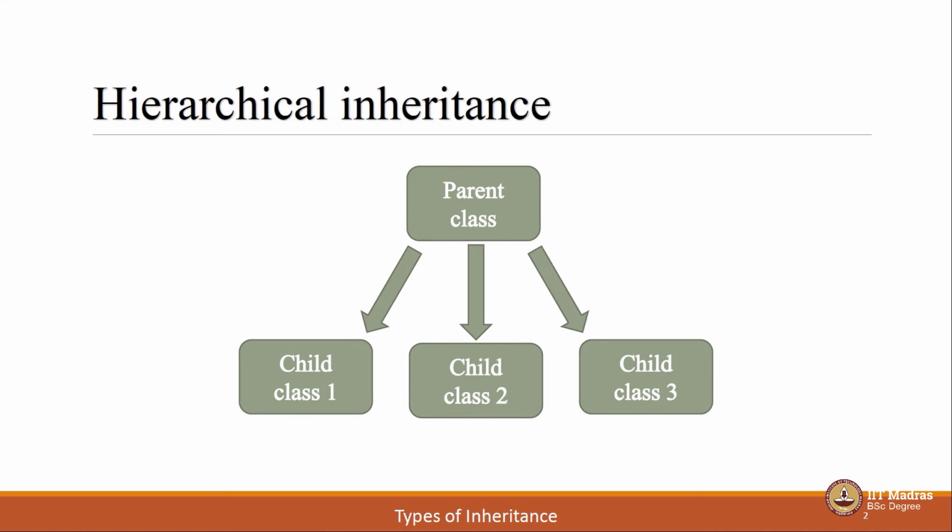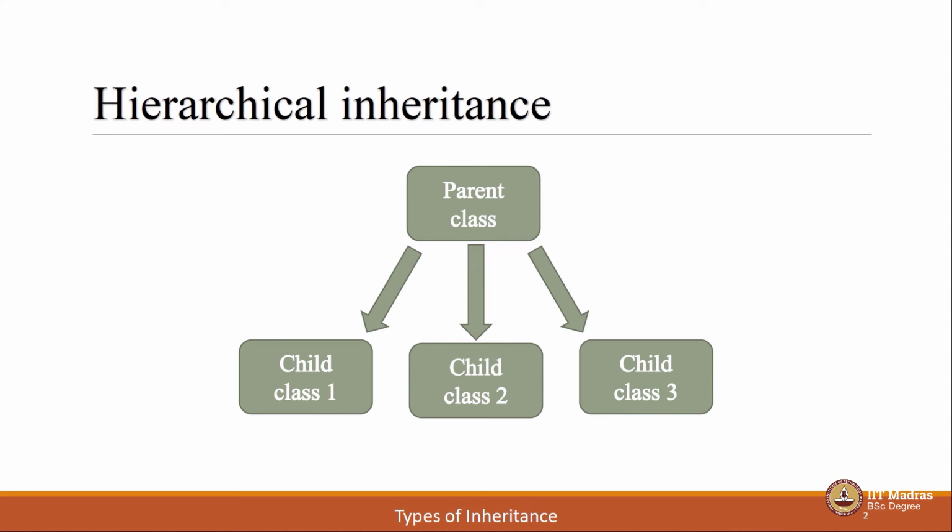Second type is called hierarchical inheritance. This is what we implemented using that person, student and employee example, where person was parent class, whereas student and employee were child class 1 and child class 2.